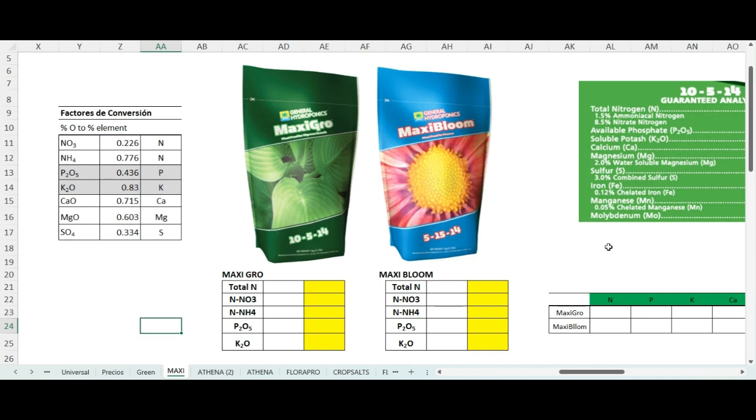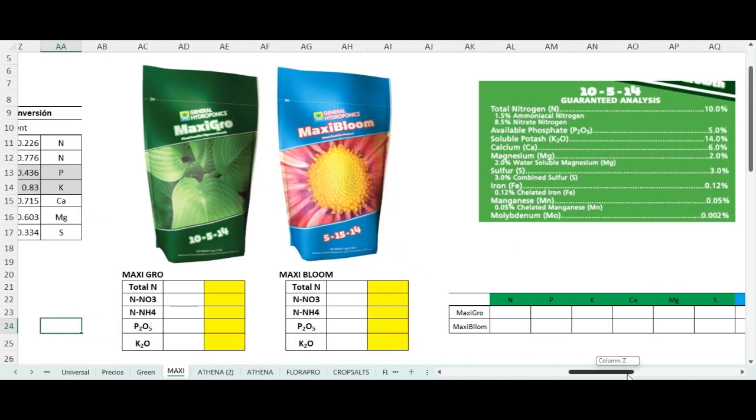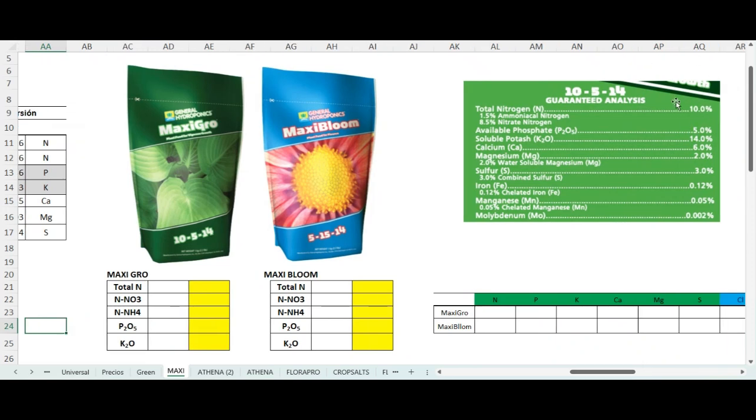So for nitrogen, this 10% represents the total nitrogen, but then you have 1.5% from this total nitrogen as ammoniacal nitrogen, and 8.5% is nitrate nitrogen. For the phosphorus, then you have phosphate.